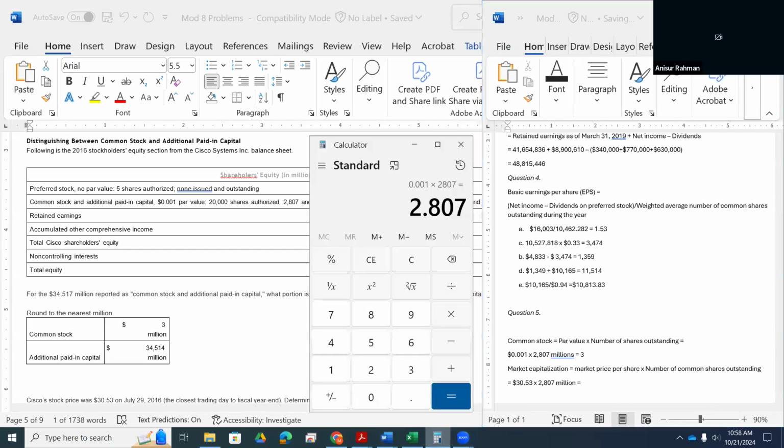So which will be 85,698 million to the nearest million.